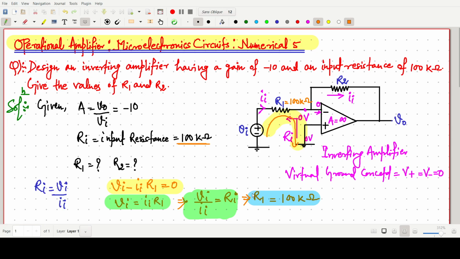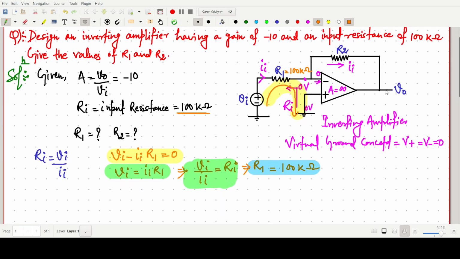Now we know the formula for the gain V naught by Vi of the inverting amplifier. I am not going to prove it, but it is nothing but simply minus R2 by R1. We can also derive it using the virtual ground concept.